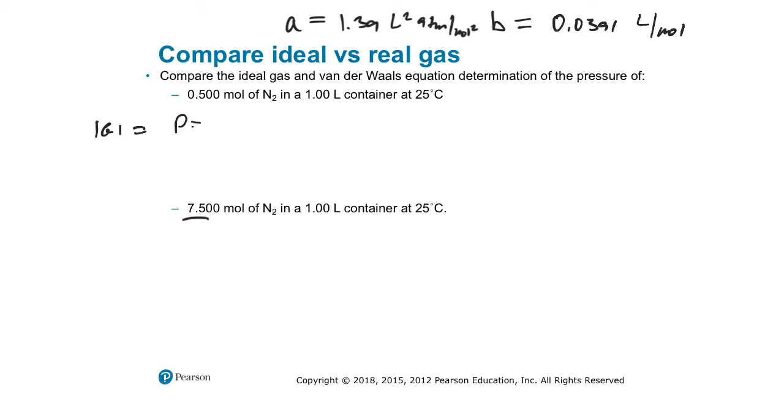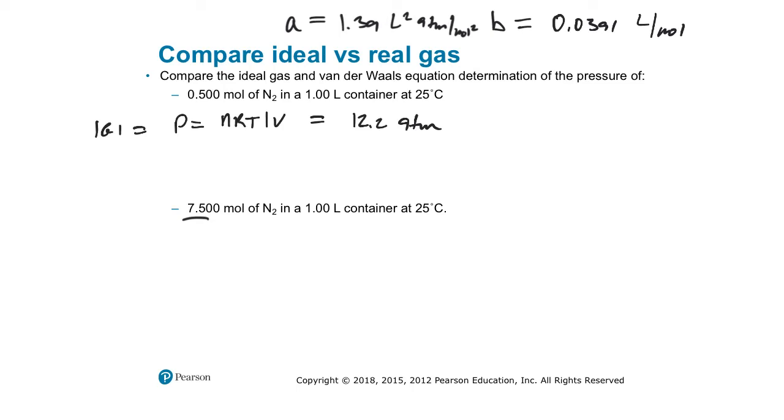The pressure will be equal to nRT divided by V. I'm just going to plug in the moles: 0.5 moles times 0.08206 times the temperature, 298 Kelvin, and divide by the volume, a liter, which gives us a pressure of 12.2 atmospheres.